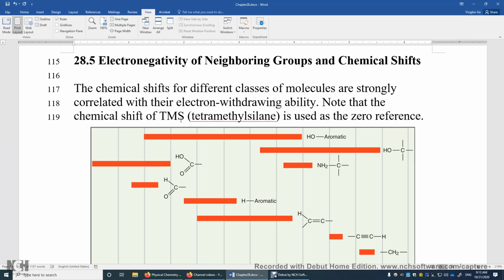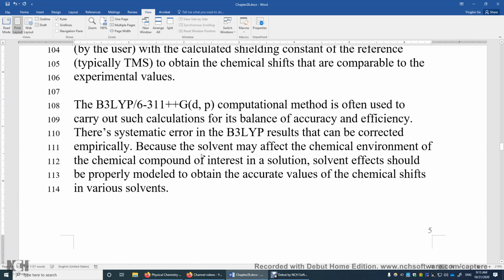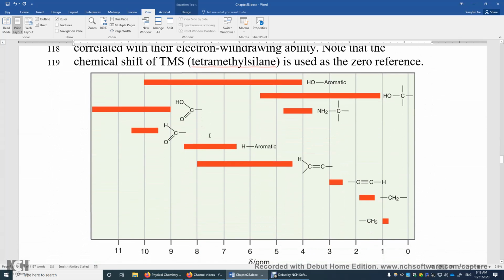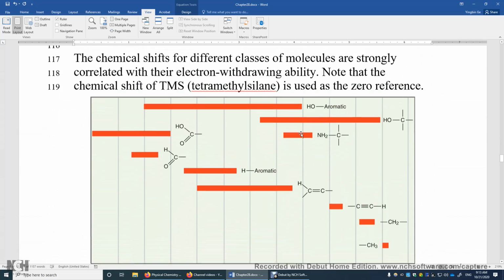That will reduce the shielding constant. And when you reduce the shielding constant, you will have a larger delta. So when you have a smaller sigma, you will have a larger delta. All right? So there are two major factors here.